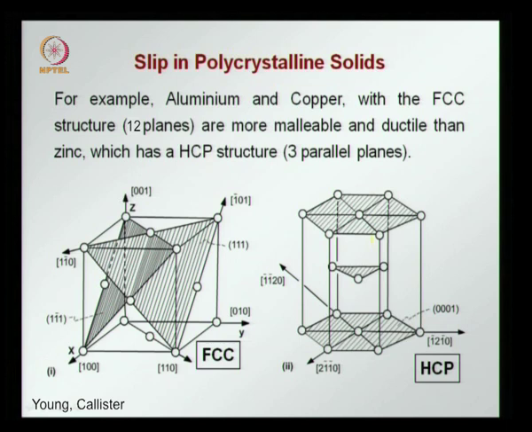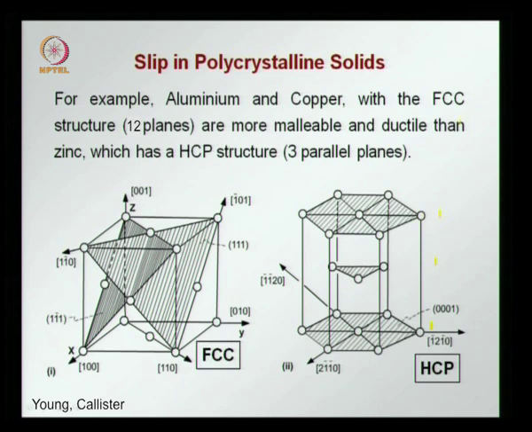This can be explained more by looking at this diagram where we are comparing two structures: the FCC structure, the face centered cubic structure, and the hexagonal closely packed structure on the right. Aluminum and copper have the FCC structure, and you see here shaded different planes along which slip can occur, and you see that these planes have different orientations. The HCP structure has 3 parallel planes, and all of them, since they are along the same direction, will offer more resistance to an arbitrary slip system forming.